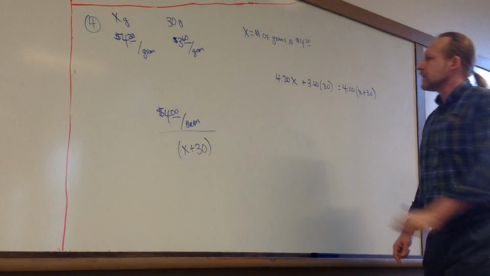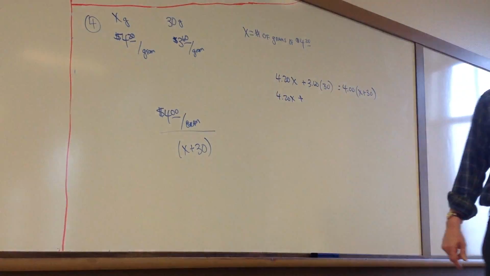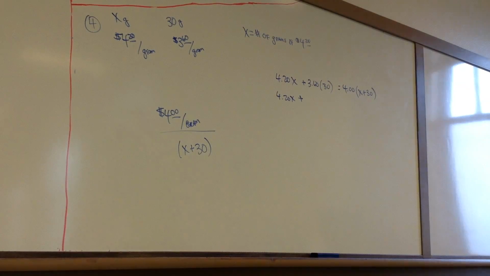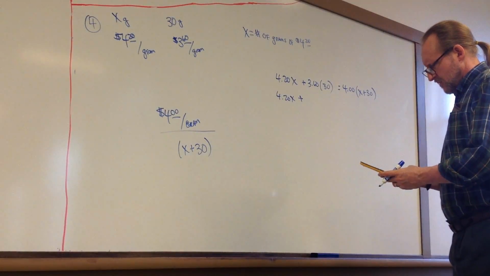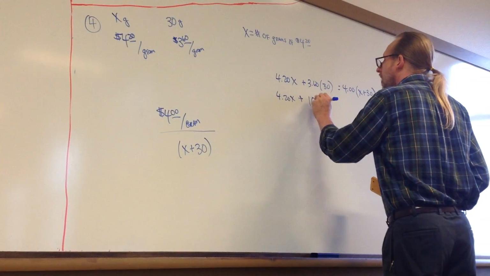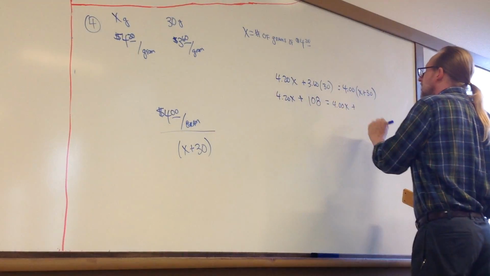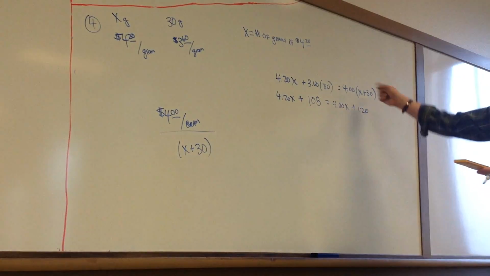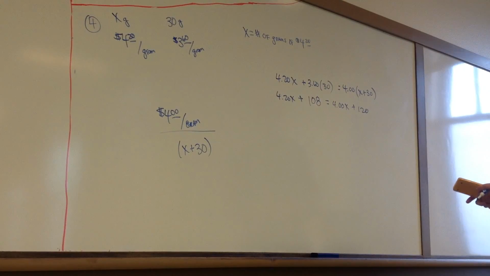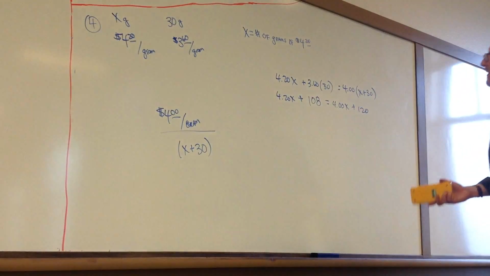Okay, so let's see here. Let's do the algebra. We need to do 3.60 times 30. What is that going to be? 108? 3.6 times 30? 108. Over on the other side, we'll get 4x plus 120. Right? 30 times 4 should give us 120. So now we don't have like terms on the same side.